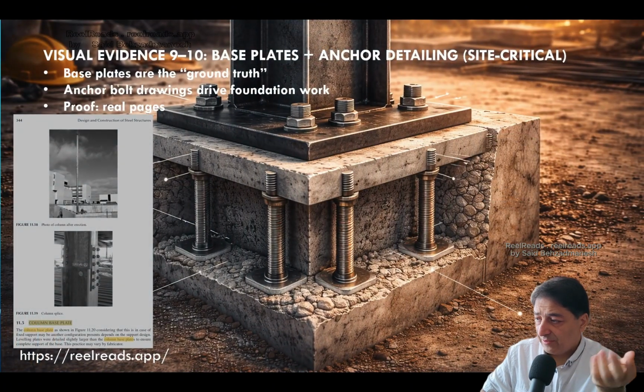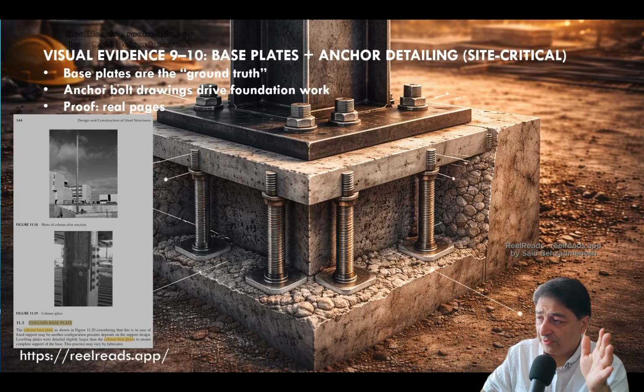One of the last screenshots which is related to the subject. This section is especially valuable because base plates and anchor bolts often affect site success early. The book explains base connection design and anchor bolt considerations, not just abstract connection theory.